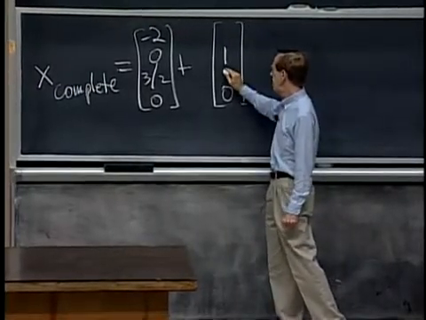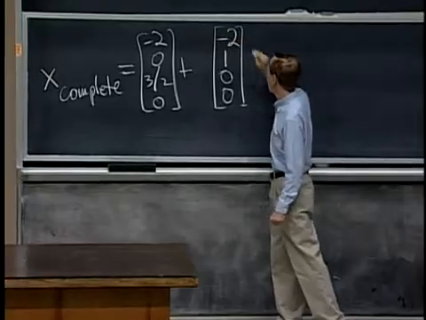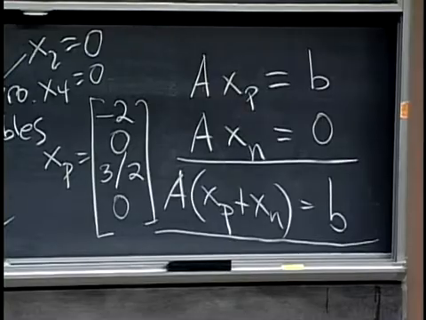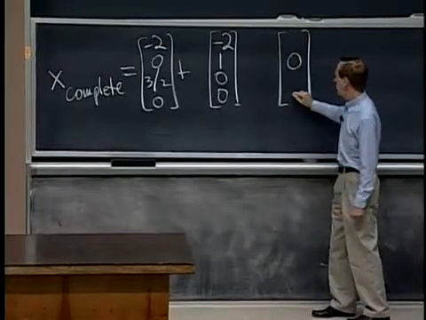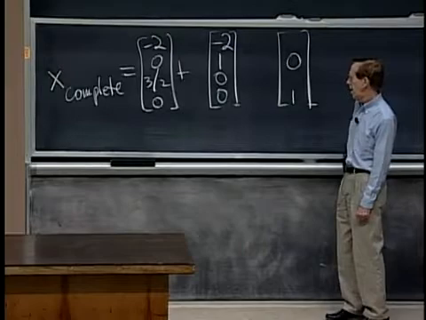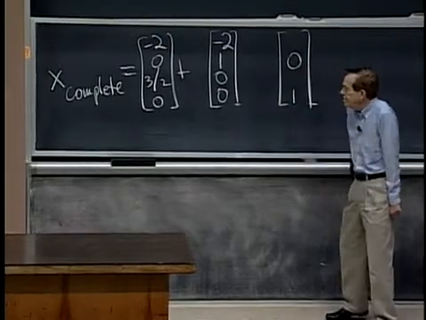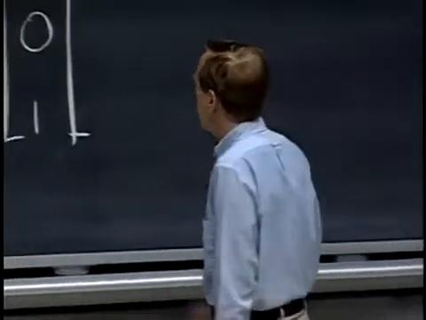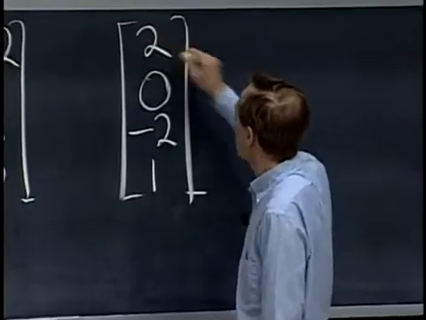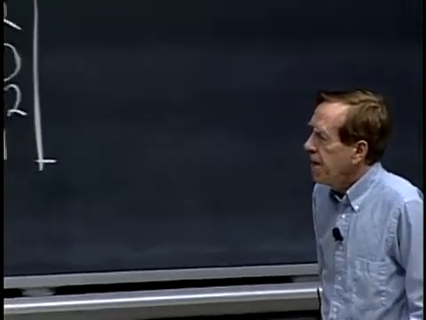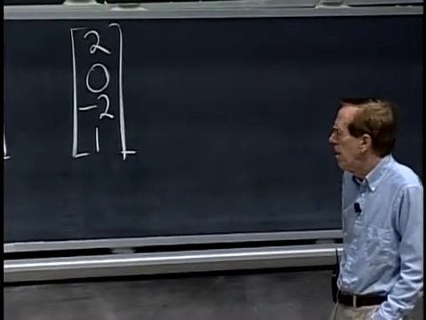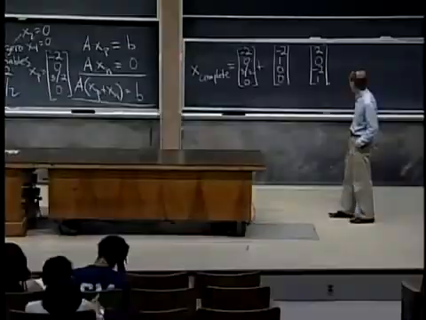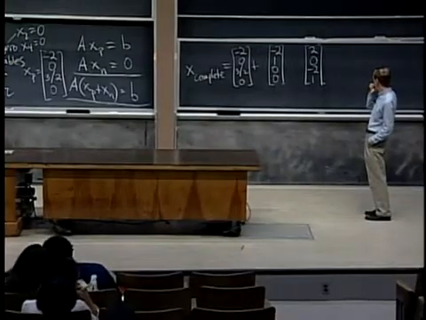I've forgotten what they were, but maybe it was that. That was a special solution, and then there was another special solution that had that free variable 0 and this free variable equal 1, and I have to fill those in. Let's see, can I remember how those fill in? Maybe this was a minus 2 and this was a 2, possibly.